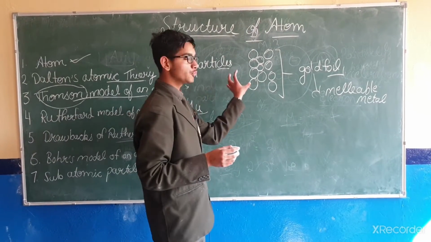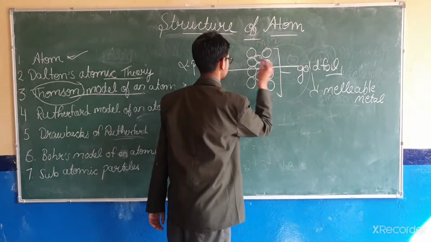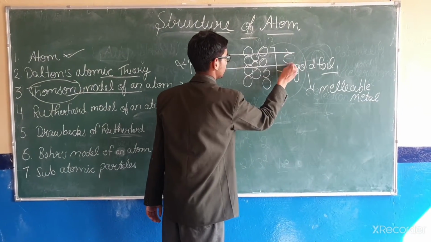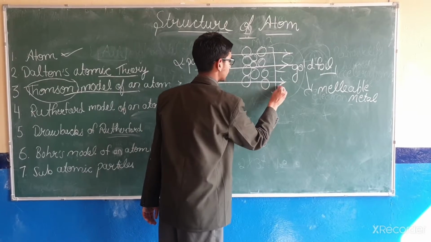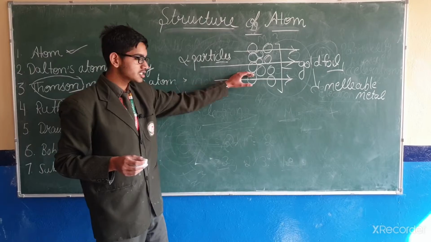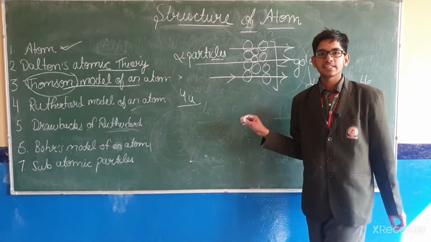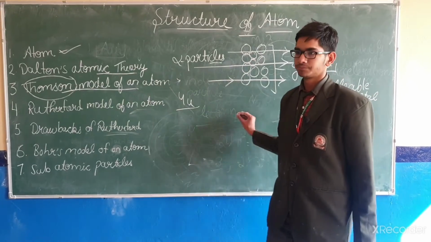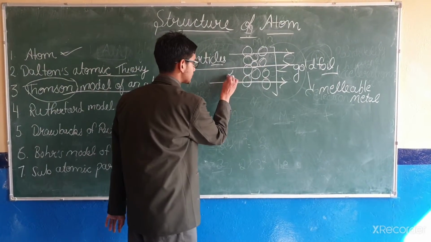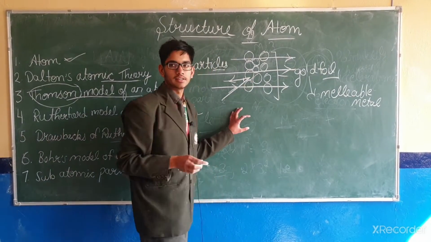Now, what are the observations of Rutherford model of an atom? Most of the alpha particles pass straight. What does it indicate? It indicates that most of the space inside the atom is empty. Some particles were deflected by small angles.